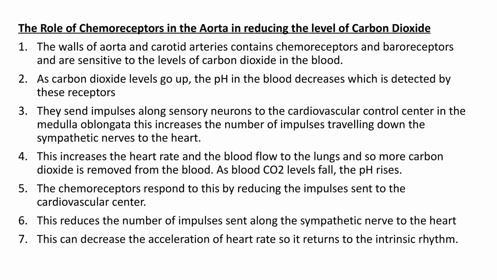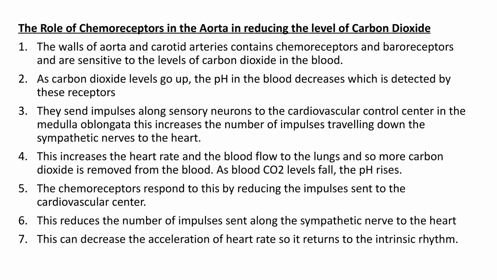Then this increases the number of impulses sent from the cardiovascular control center traveling down the sympathetic nerves to the heart. As a result of these increased nerve impulses, the heart rate and the blood flow to the lungs increase, so that more carbon dioxide is removed from the blood.